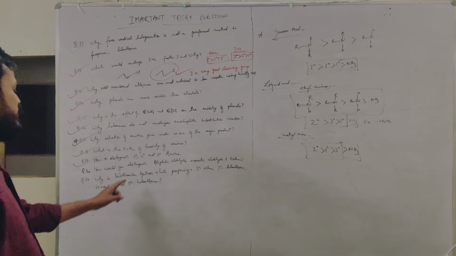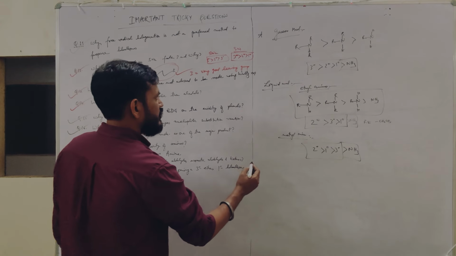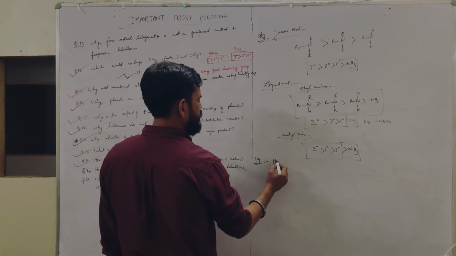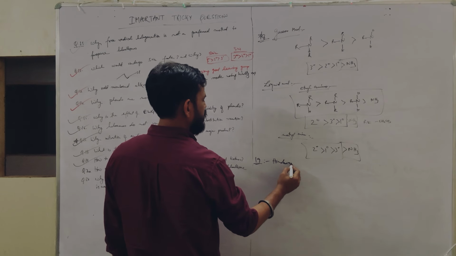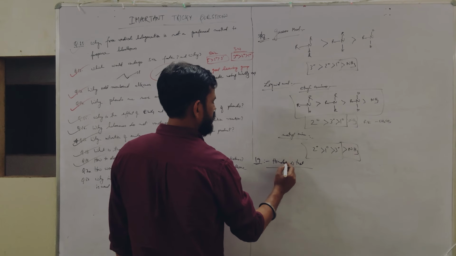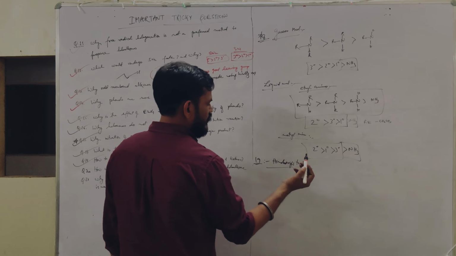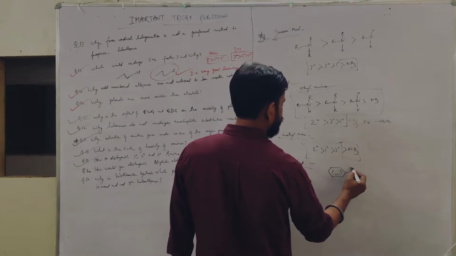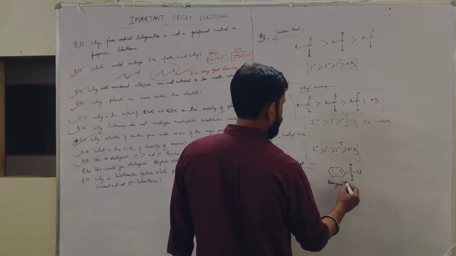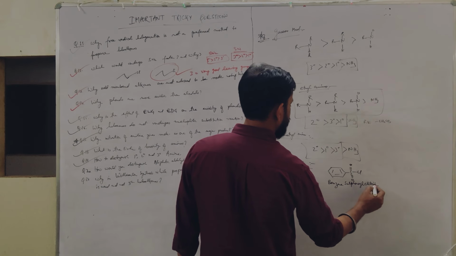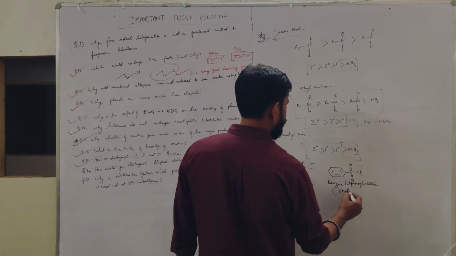Now, how to distinguish between 1, 2, 3-degree amines? This is by using the Hinsberg reagent, the Hinsberg test. So what is Hinsberg reagent? It is benzene sulfonyl chloride, known as Hinsberg reagent.